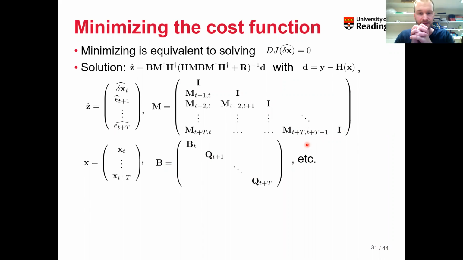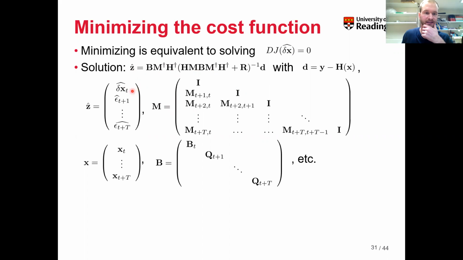So maximizing this cost function is equivalent to finding the solution for which its derivative is 0, because all these terms were quadratic functions. And well, if you carry that out, then you find that the solution looks like this.